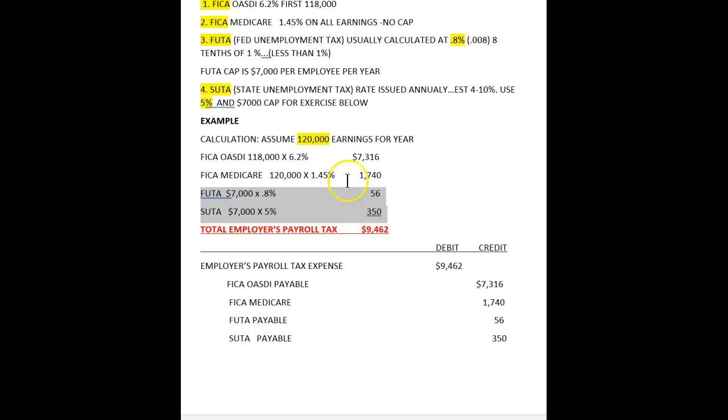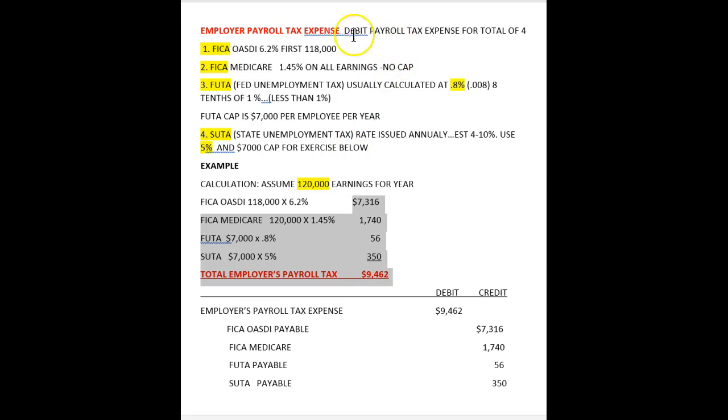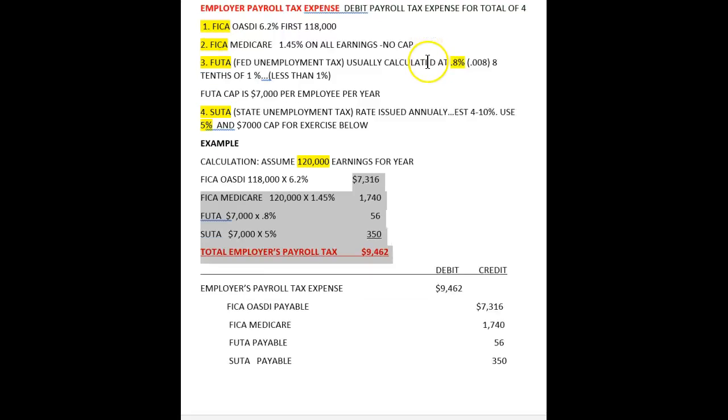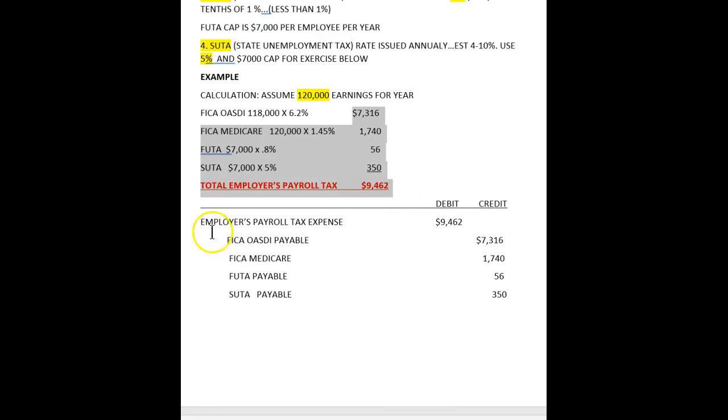Under any circumstances, what I did is I calculated each of the four taxes and added them up to a total of $9,462. And I'm going to use that figure, as I indicated way up here. The employer payroll tax expense is another expense account that gets on the books through a debit to payroll tax expense. And there it is right there.